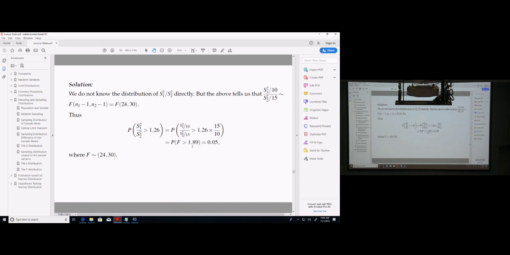Now, these numbers are really deliberately chosen, why 25 and 31? It is because we have the table for 24 and 30 for you. All right, and why is this number 1.89, or 1.26 in here? It is because we want to produce 1.89, and with 1.89, you can see it in the table.